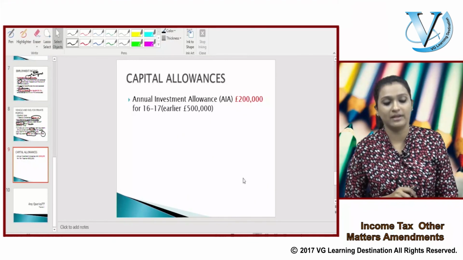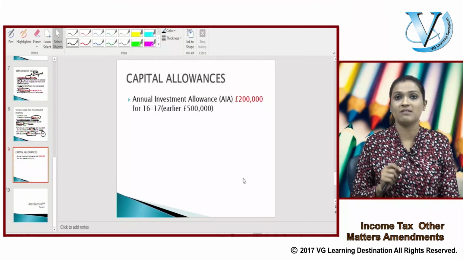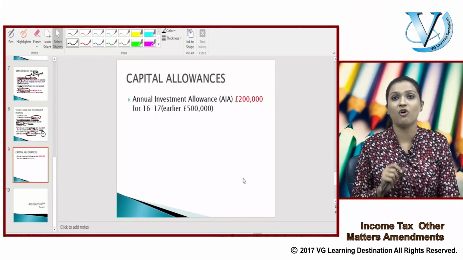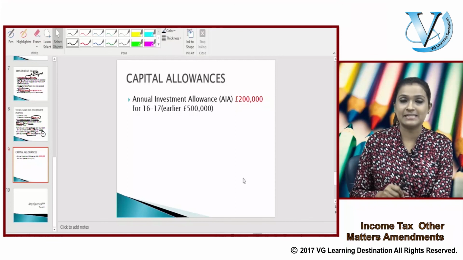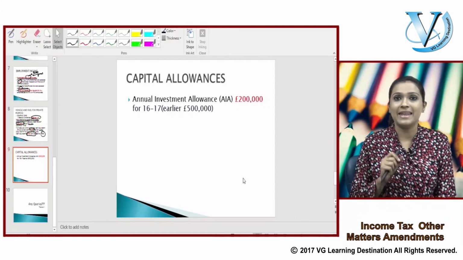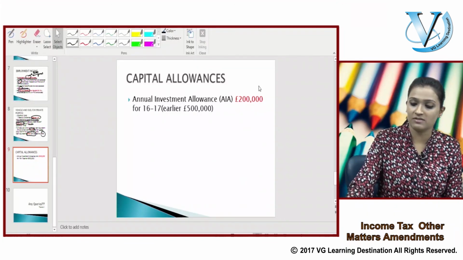Now another minor change. Remember when we were calculating our capital allowances, the annual investment allowance we calculated at £500,000 applicable for every year. Come 16-17, this limit has now been revised by HMRC, and the revised limit is how much? It is £200,000.